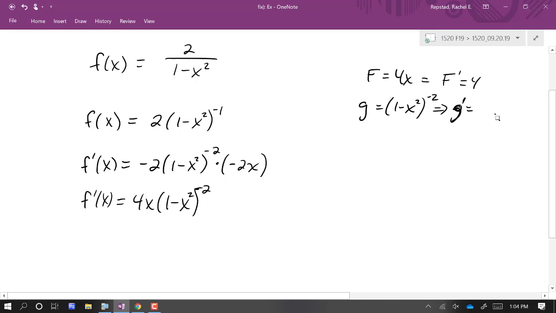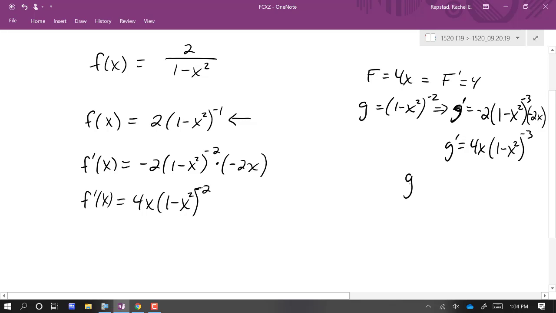We have parentheses to a power. It's the same thing we did to find the derivative of this. Bring the negative 2 down. Yeah, we're going to use the power rule. Then what? The stuff times... Am I missing anything here? Negative third. Yeah. So this is a positive 4x, 1 minus x squared to the negative 3.